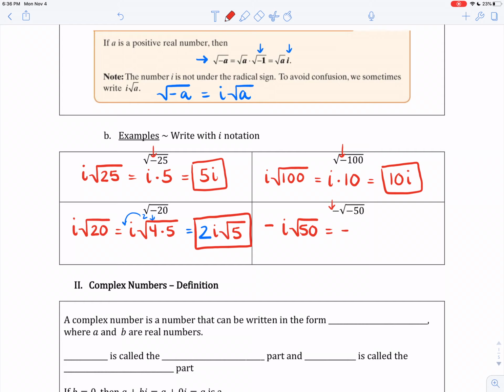Notice I'm just going to keep that negative out in front. So I'm going to rewrite this as 25 times 2. And then I'm going to say, well, the square root of 25 is 5. I'm going to pull that out here with the i, so this becomes -5i. And then the 2 is left underneath that square root.